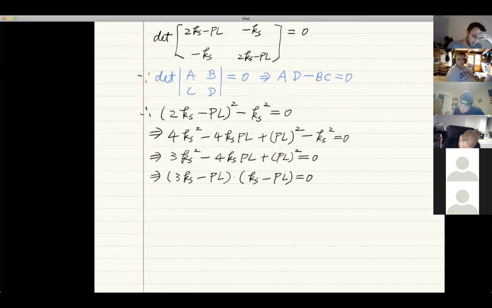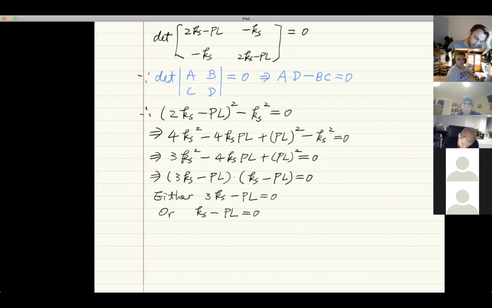That means in order to make this true, any one of them can be true. You just need one of the conditions. That means either 3ks minus PL must be 0 or ks minus PL is 0, correct? That can hold this condition true.